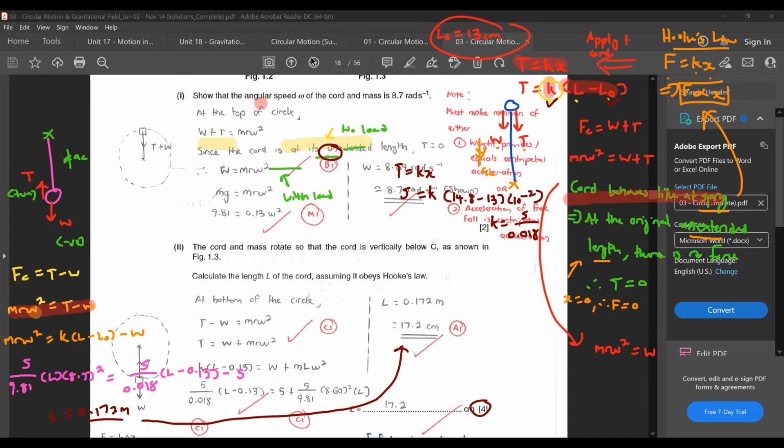Yeah, maybe I better just write something else. This one is your R, but it's also your length. Okay. That's why I can say this one is L. So that should be it.